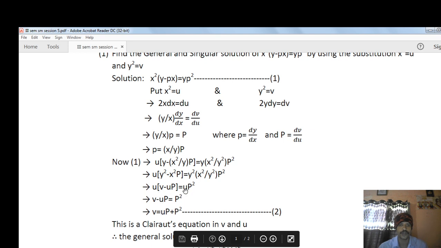Now this u gets cancelled. Ultimately we have v minus up is equal to p square, or v is equal to up plus p square.